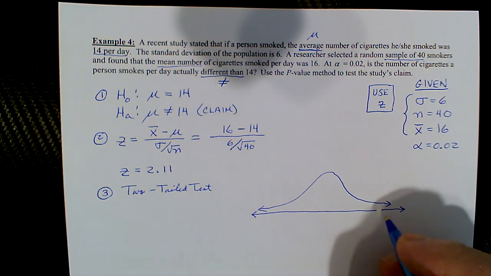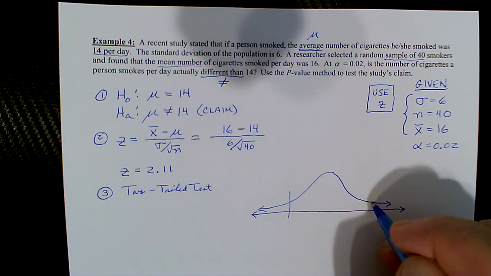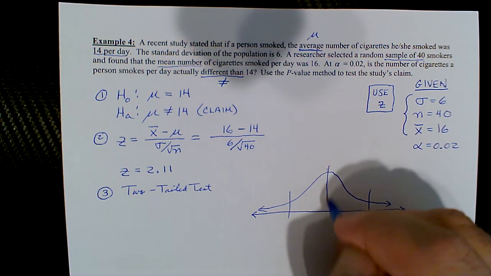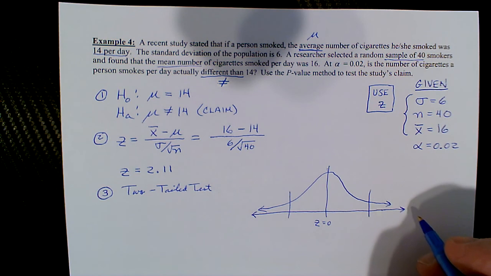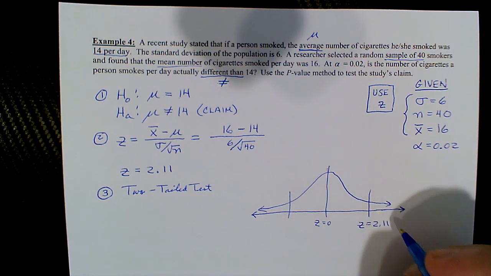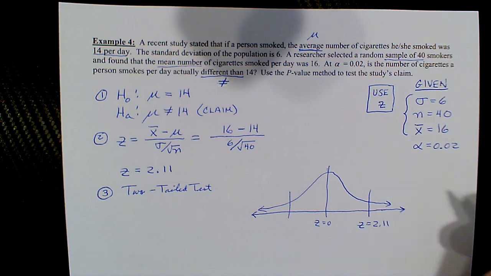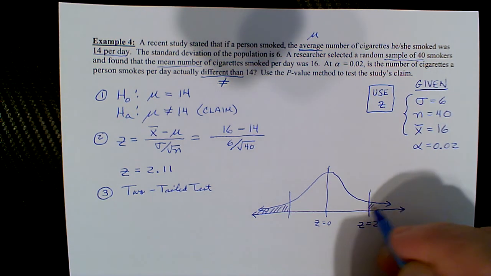And the sample statistic was 2.11. But we've got two tails going on. z equals 0 down the middle. You don't even need to really show that, but it's always nice to do so. But this is the z value that was calculated, 2.11. The p-value represents the area in both tails.